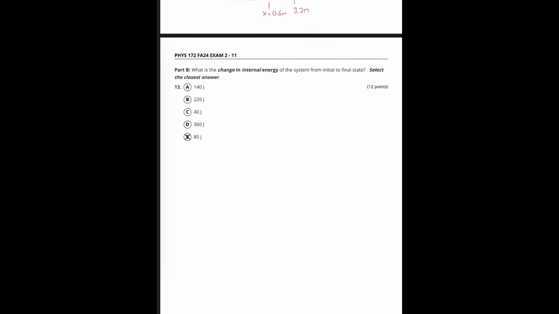Part B states, what is the change in internal energy of the system from initial to final state? Select the closest answer. So I'm going to define our system as our combined mass, so it's 1 plus 2 plus our spring.